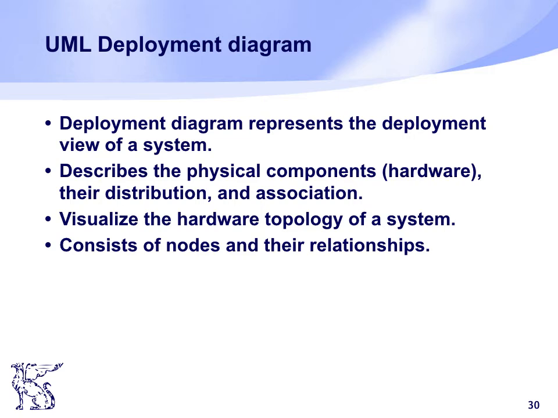We have to identify the hardware processors or nodes, or hardware devices of the system, the links between the devices, and the placement of the software files on the hardware. That's a deployment diagram. In short, a deployment diagram is a visualization of the hardware topology of a system.